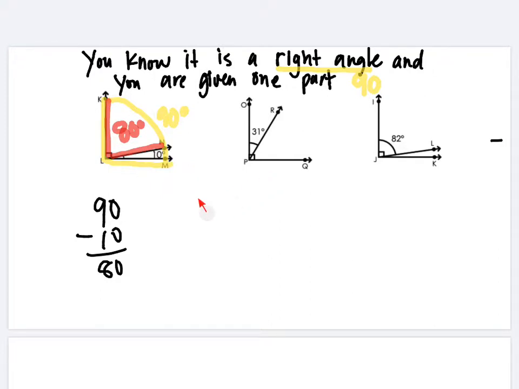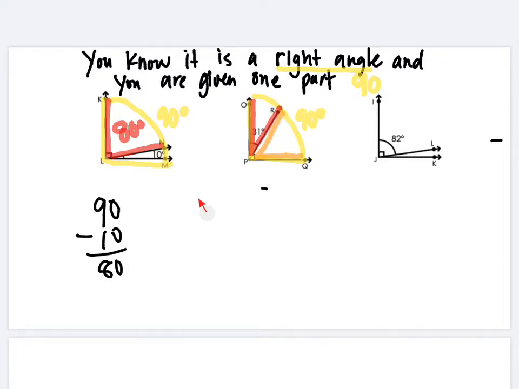We know because of our background knowledge and right angles that angle OPQ is 90 degrees. They give us one of the angles, so we know that OPR is 31 degrees. We need to figure out what RPQ is.